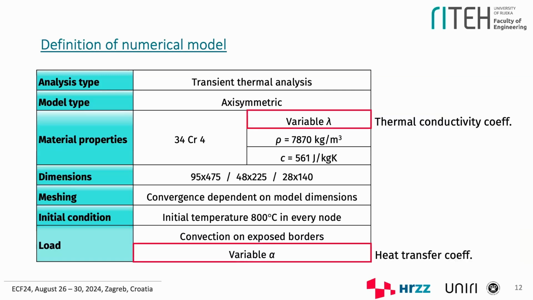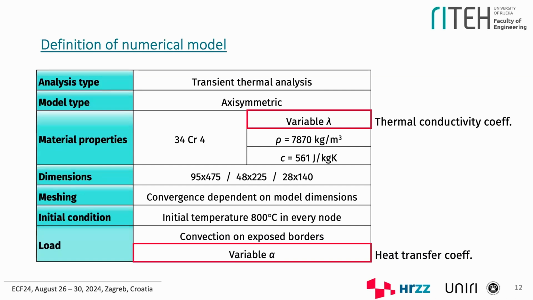heat transfer coefficient. Here we come to the realization we have two crucial parameters that are still undefined at this point: both the thermal conductivity coefficient and the heat transfer coefficient.